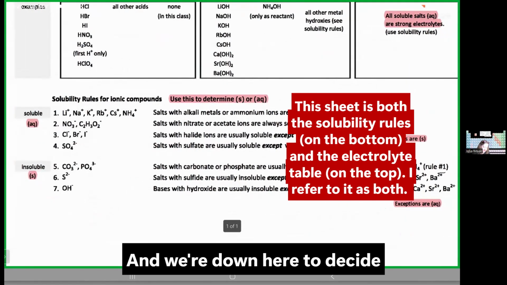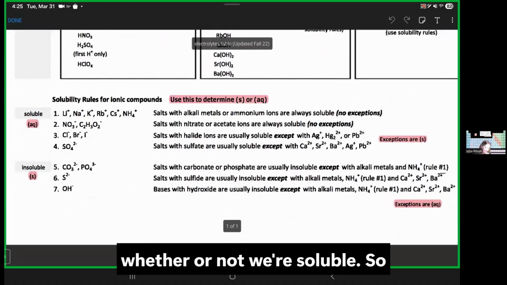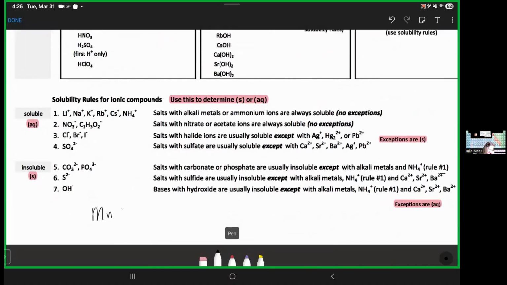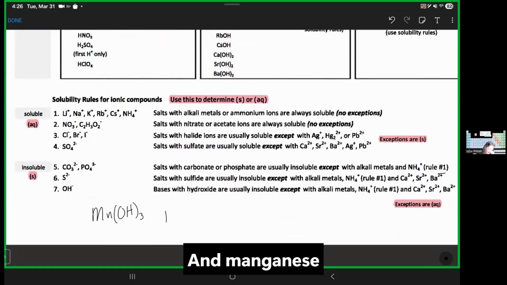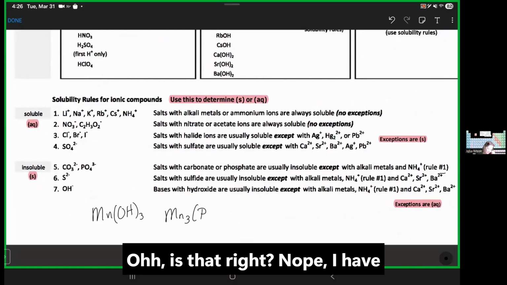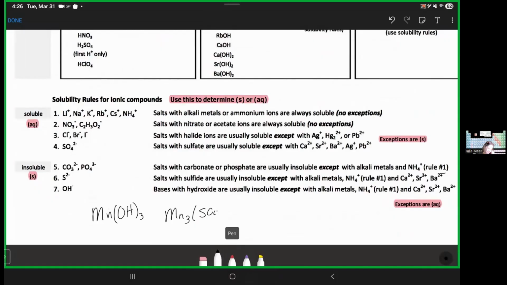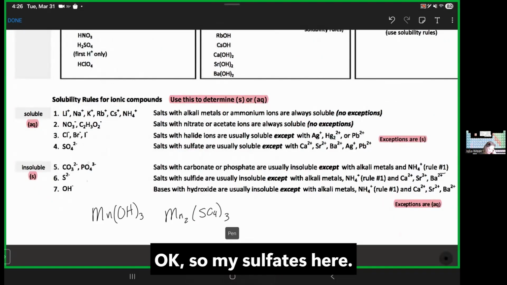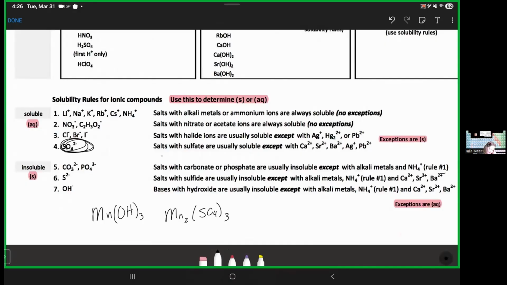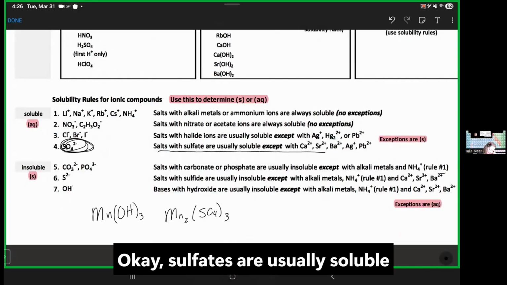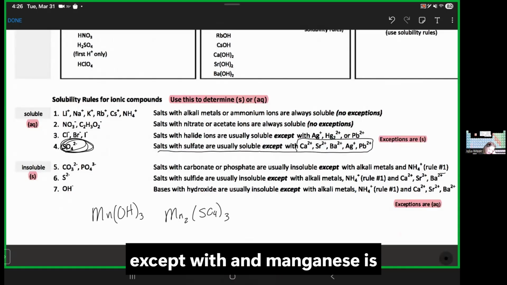Down here we decide whether or not we're soluble. I have manganese hydroxide and manganese sulfate. Sulfates are usually soluble except with certain exceptions, and manganese is not an exception.